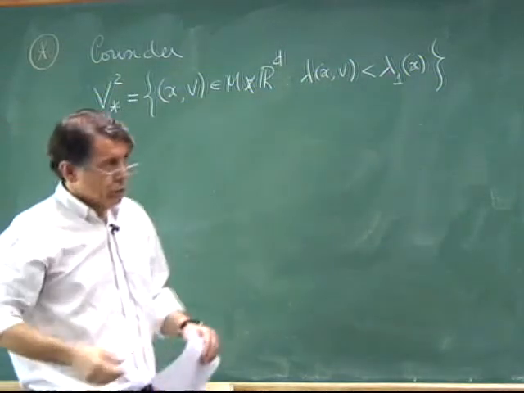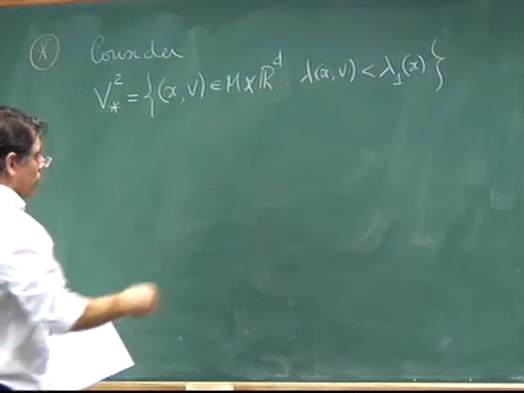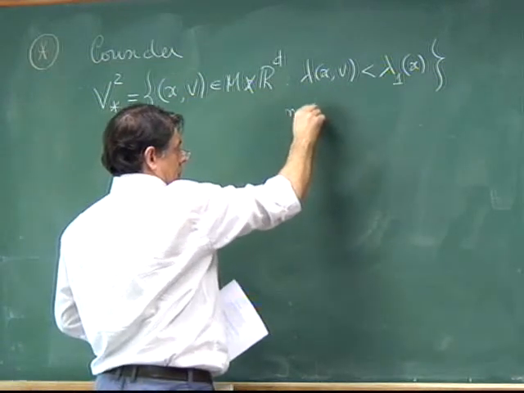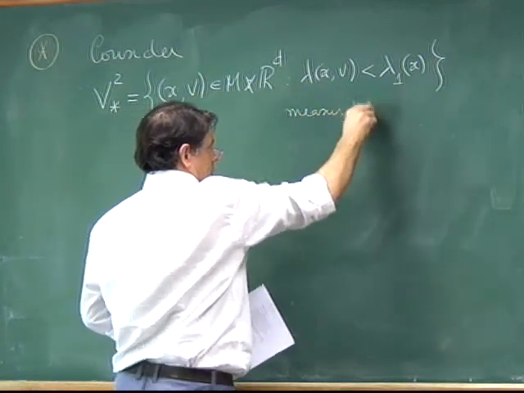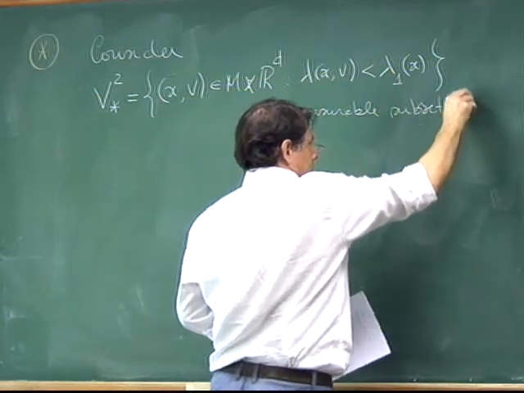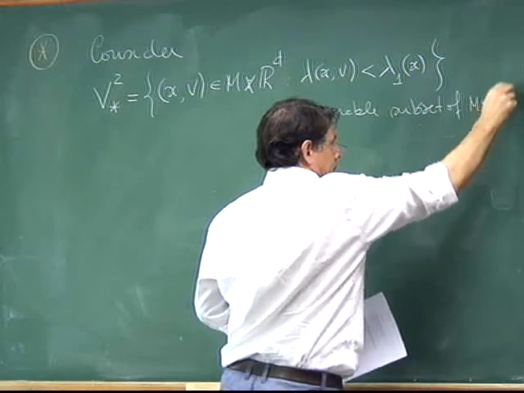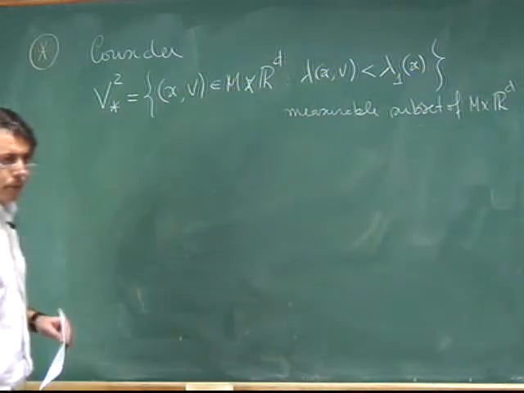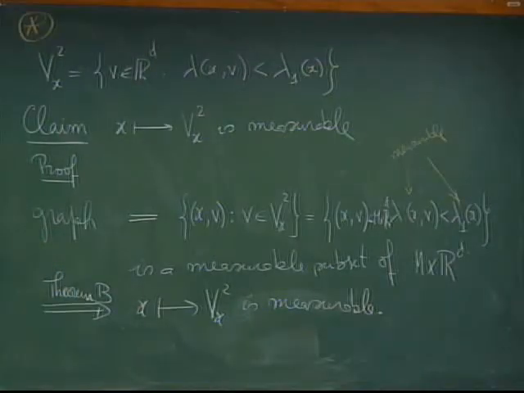It's the same set I wrote there. So, as I explained, this is a measurable subset of M cross R^d. Okay? Let's try to draw a picture.